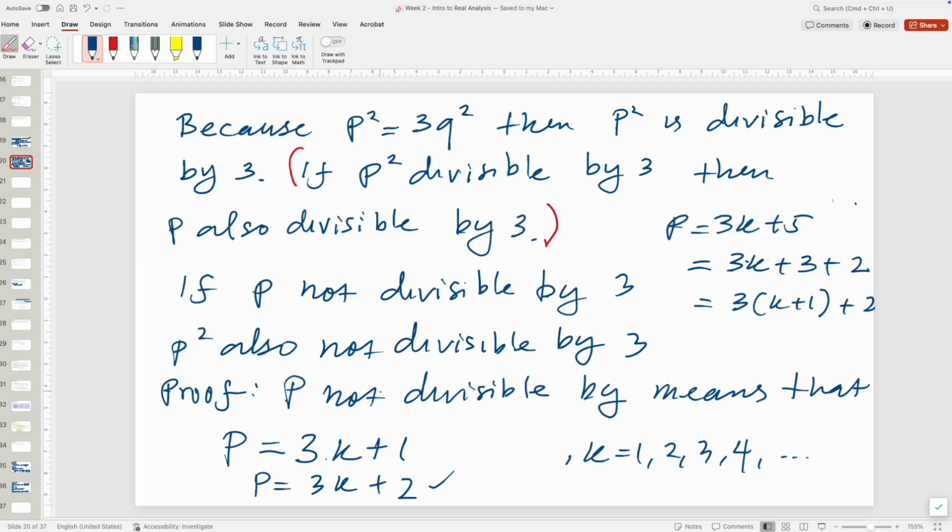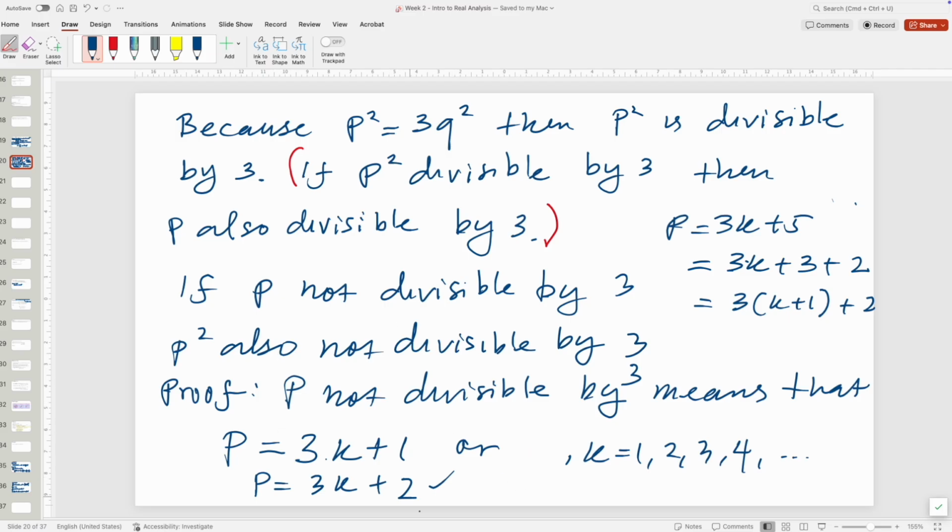What about 6? 6 is divisible. 3K plus 6 is divisible by 3, so don't choose that. So there are only 2 possibilities. If it is not divisible by 3, I can express P as 3K plus 1 or P as 3K plus 2.